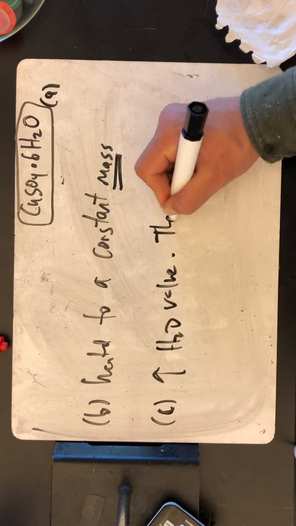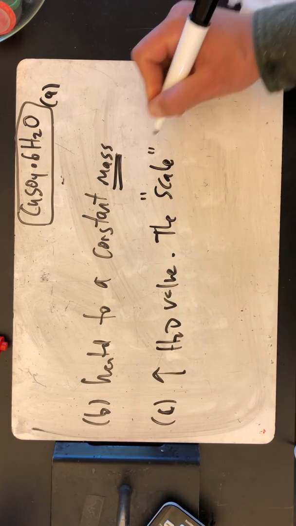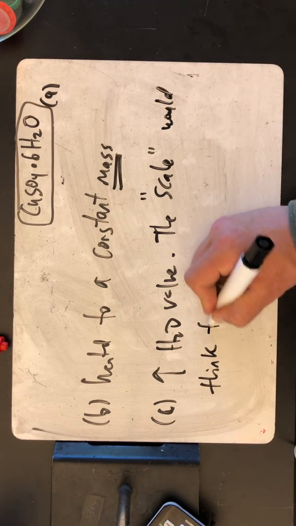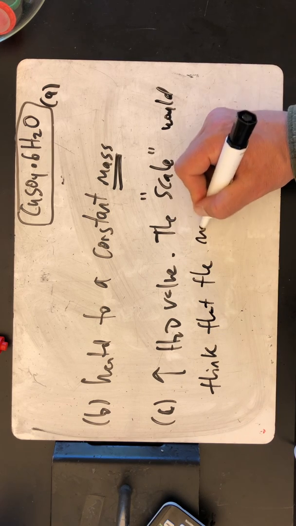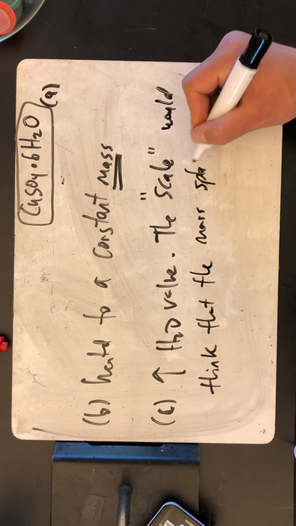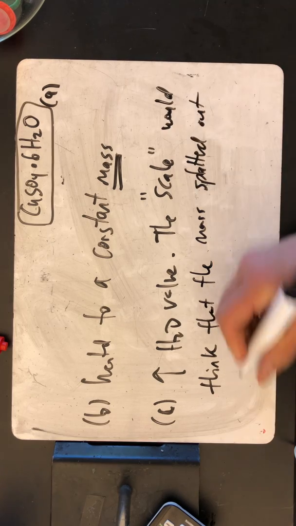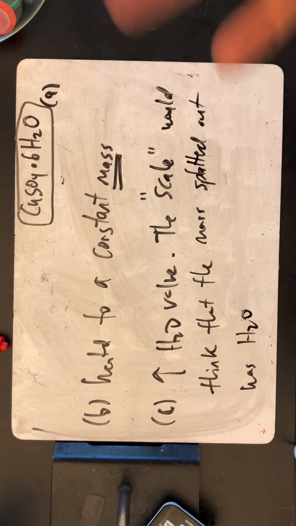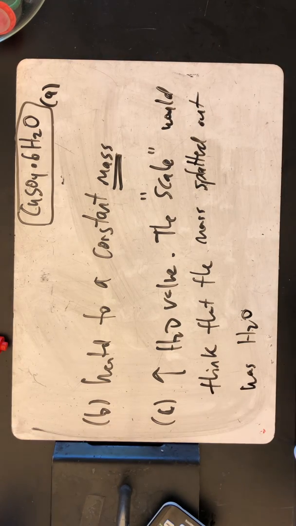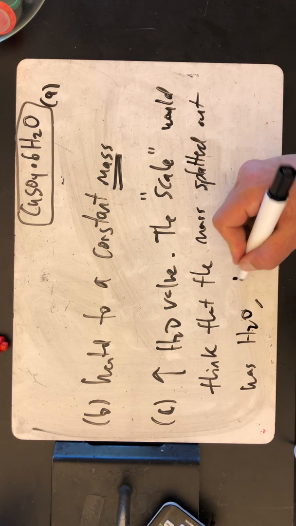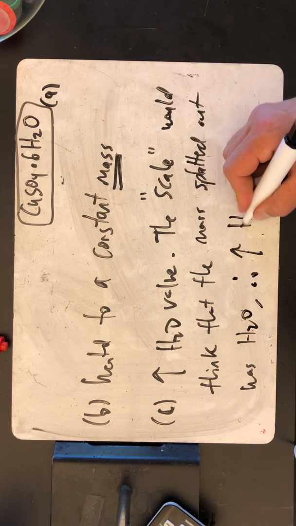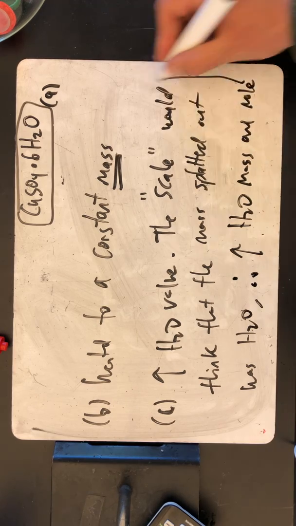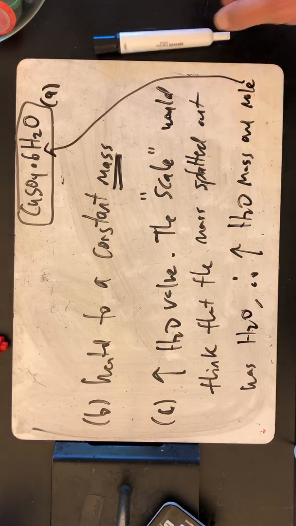So the scale would, not that it's alive, but the scale would think that the mass splattered out was H2O. It doesn't know any better. It's just giving us numbers, and we're using those numbers to calculate the H2O. Therefore, increasing or elevating the H2O mass and eventually the mole value. So we'd get a value there greater than that.